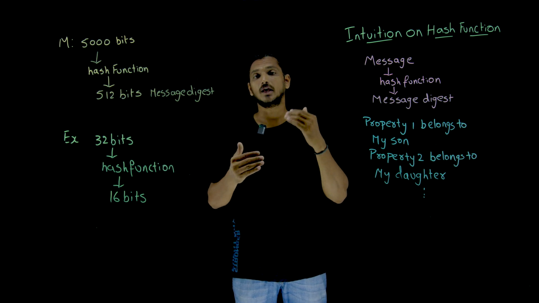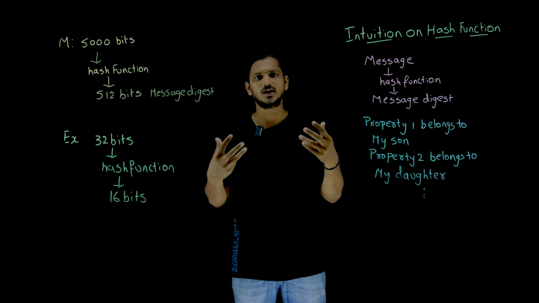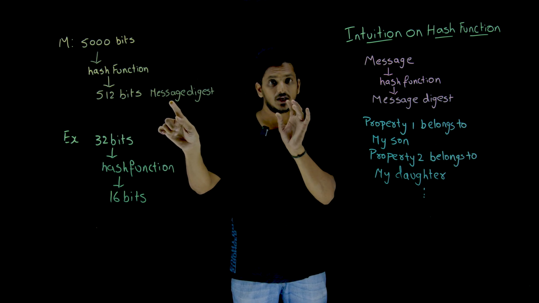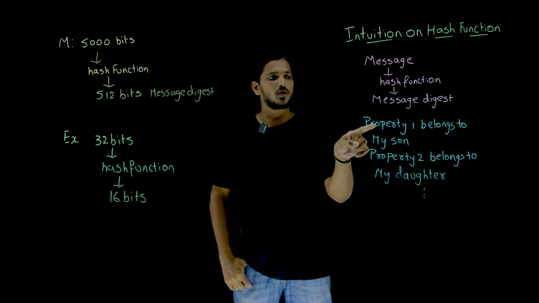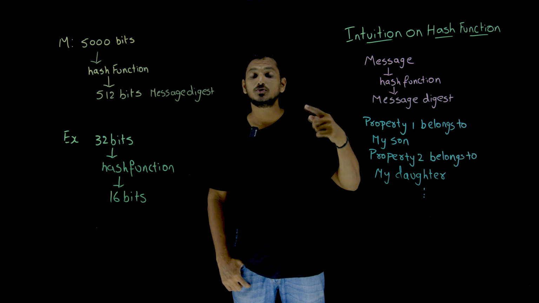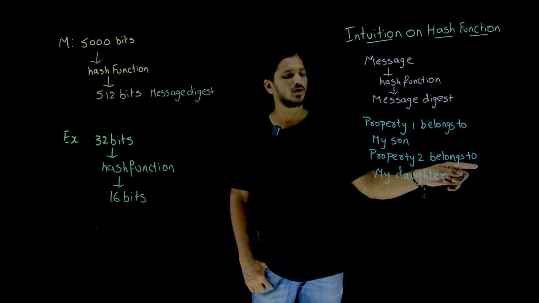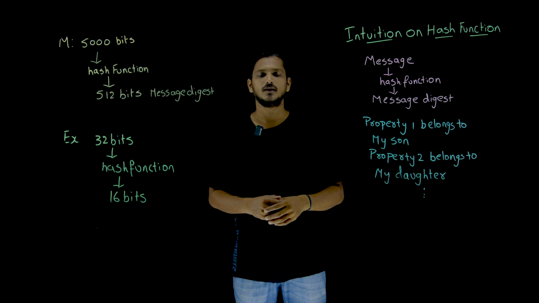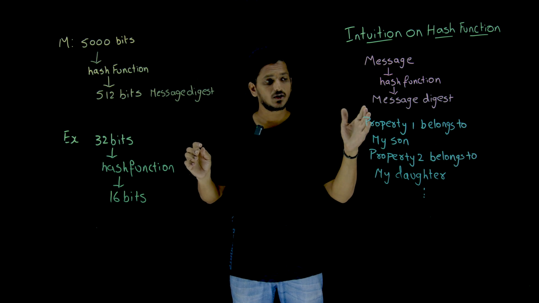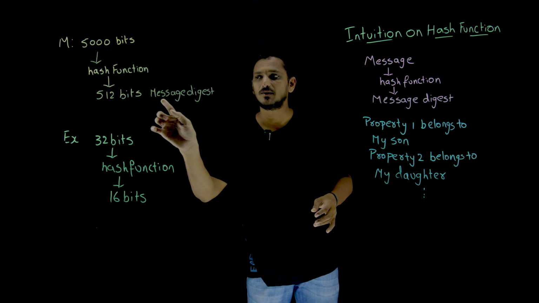Even if, luckily, you identified a message which gets the same message digest, think in this direction. Suppose property 1 belongs to my son and property 2 belongs to my daughter. Someone wants to modify this message as property 1 belongs to my daughter and property 2 belongs to my son. Will the same modification generate the same message digest?